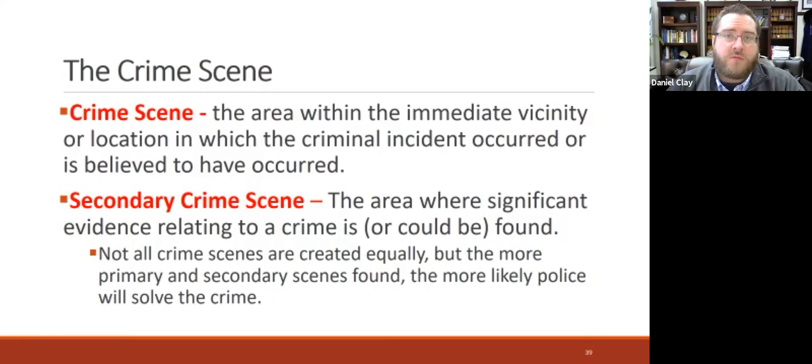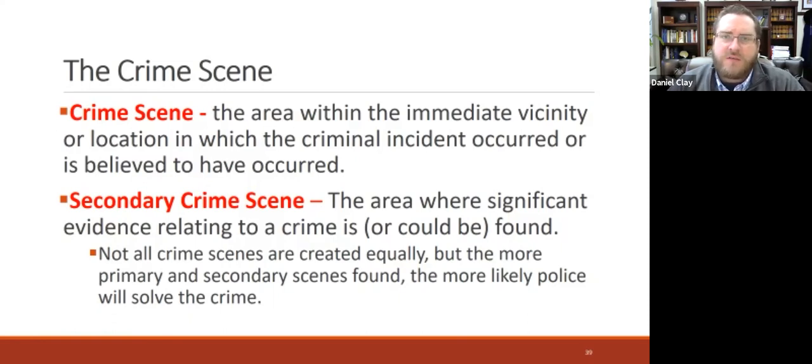The perpetrator's home, where he keeps the firearm and the hacksaw, or his garage, that would also be a secondary crime scene, right? Because it's where you can find significant evidence relating to a crime. And generally speaking, instrumentalities, we're going to classify as fairly significant evidence, especially if it's accompanied by something else that was used in the crime scene.